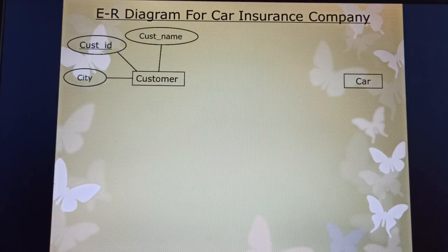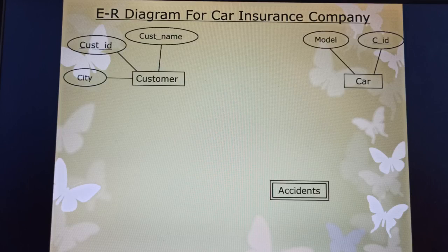Now which attributes do we need to identify a particular car? So the attributes for the car entity are car ID and model. And the third entity is accidents. Accidents is a weak entity set because accidents is completely dependent on car.